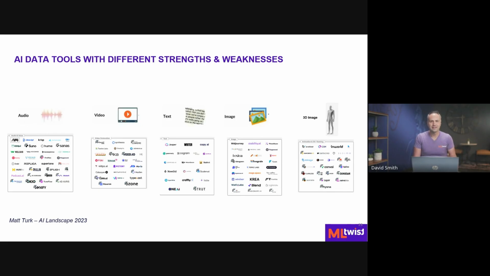Different data modalities have different data tools in AI, and you are going to identify tools, and there's not a single MLtwist. So most MLtwist customers have their data flowing to different tools, depending on the modality, depending on what needs to happen, depending on the requirements of the people or the environment.